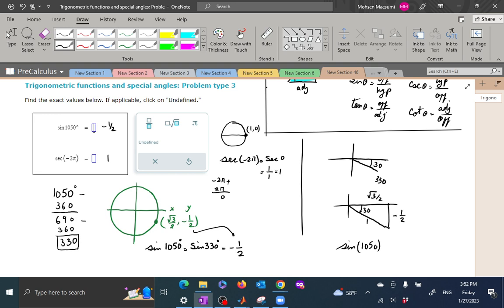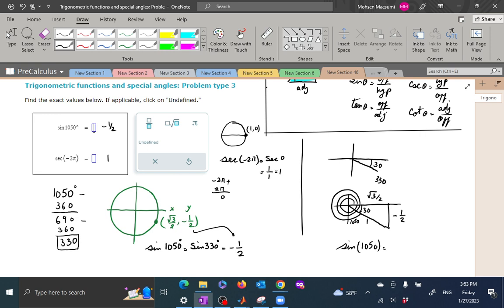Sine of 1050. Okay, so again, what is 1050? We have gone around the circle once, that is 360, another time that is 720, and another time that is 330 degrees extra. We came to here, that's 1050. 2 full rounds and an extra 330. We are just 30 degrees short of going back to the horizontal. So you can think about this thing.